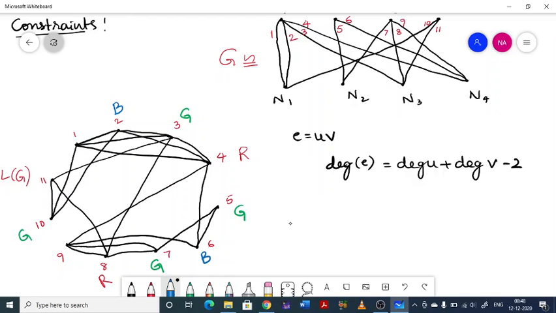Next 7, 8, 10, 9, yes, it can be taken blue. 9. Now come to 11. 11 is not adjacent to 2, okay, not adjacent to 6, okay, not adjacent to 9, okay, now it can be blue.